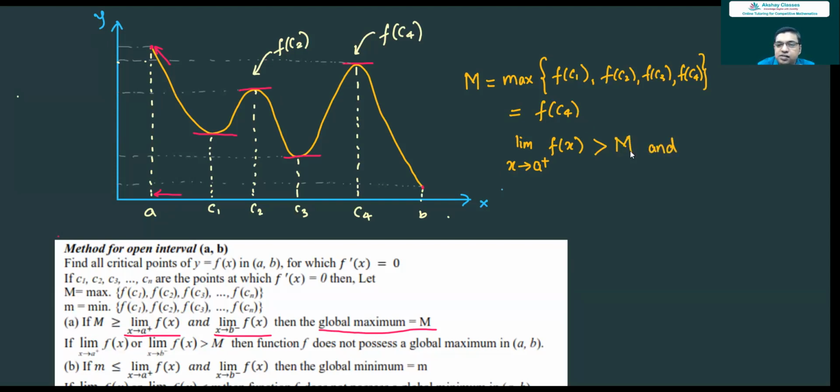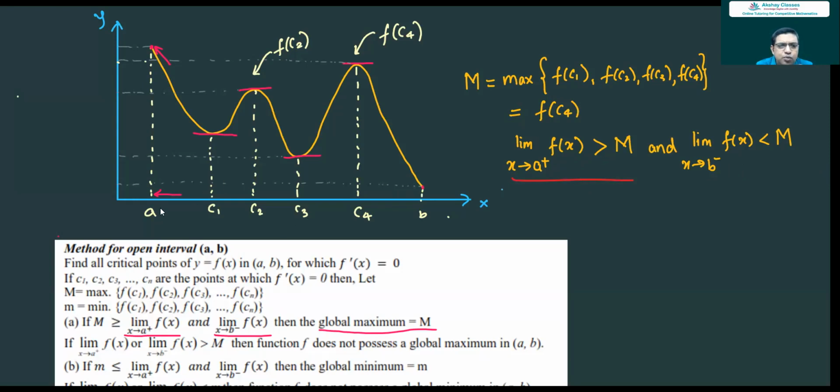And this one is lesser: the limit as x tends to b minus of f of x is less than m. So this part is okay. So this ensures that m is maximum. But however, this part says that there are values of the function greater than m.